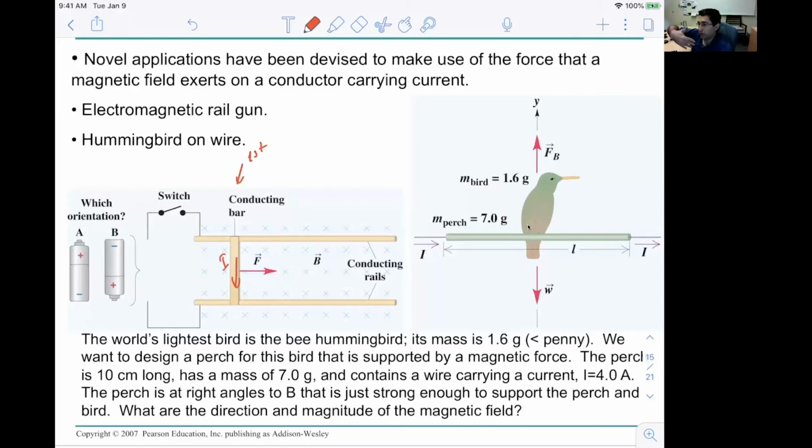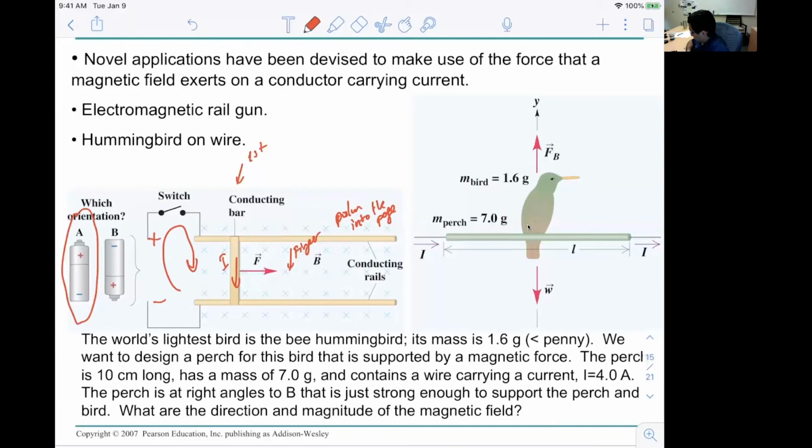You put the current along your fingers and the magnetic field into your palm, and it shows the force. So this is the finger and the palm, into the page, that's the magnetic field. Then the force is going to be to the right. To have such a current going this way, you need to have positive on this side and negative on this side. So the orientation should be this one.